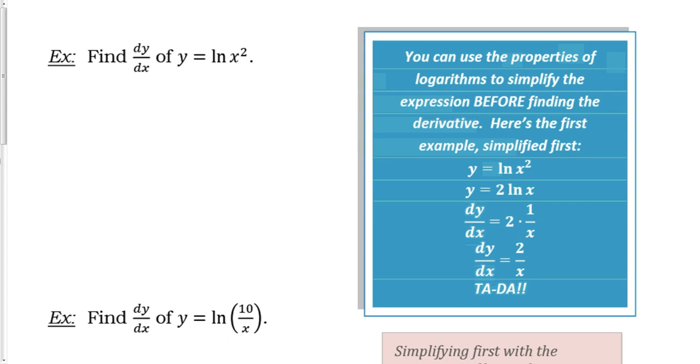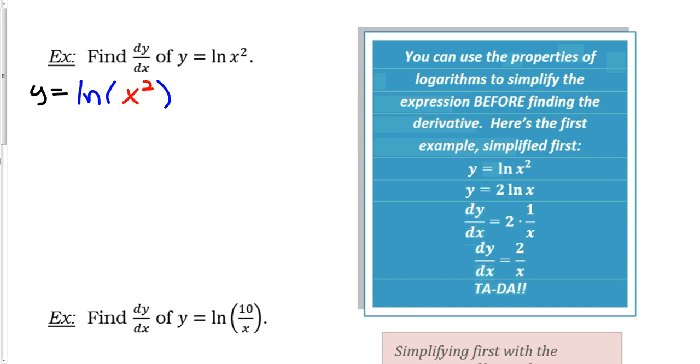There are 2 ways that we can do this, and I'm going to go ahead and do it the original way. I would probably rewrite this as: the outside function is natural log, the inside function is x squared.